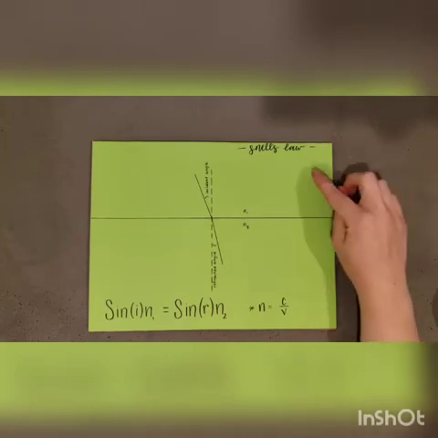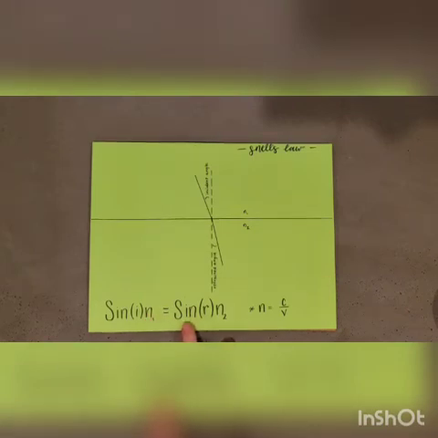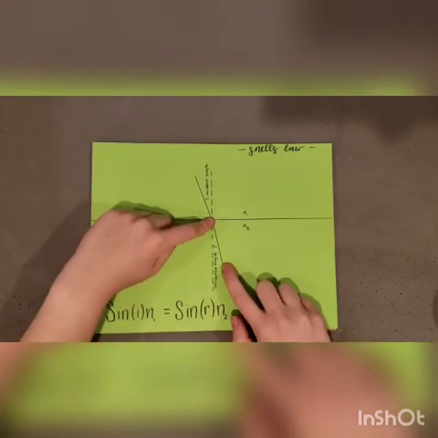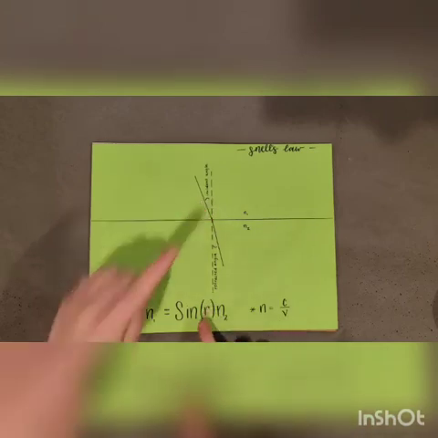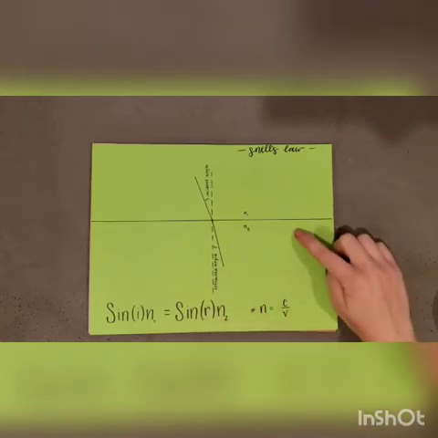Light is traveling through this material. Multiply that by the sine of the incident angle is equal to the sine of the refracted angle. Here's the refracted angle between the refracted ray and the normal line. Sine of the refracted angle multiplied by the index of refraction for our second material, N2.